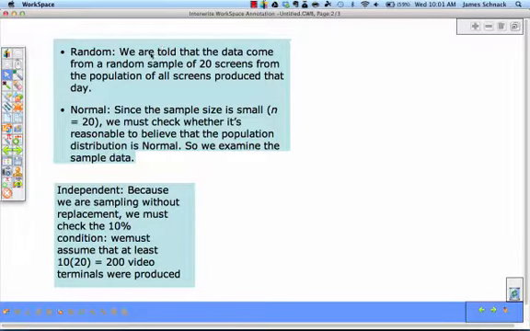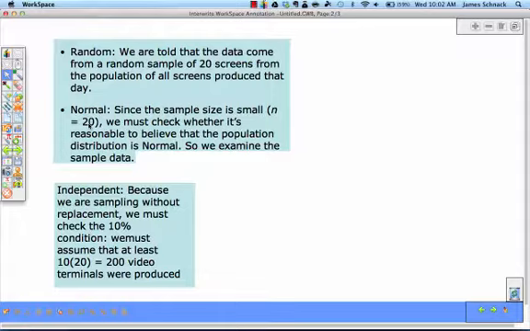So random sample, we're told that the data comes from a random sample. Done. Easy peasy. Since the sample size is small, n is only 20, we can't use the large sample here. So we have to check whether or not the population distribution is normal.